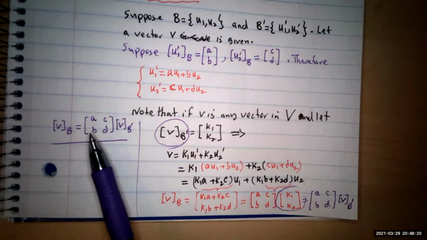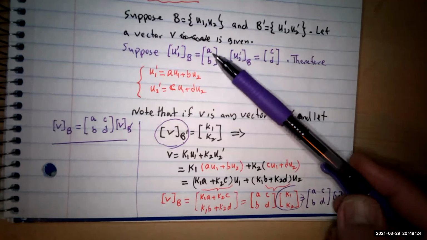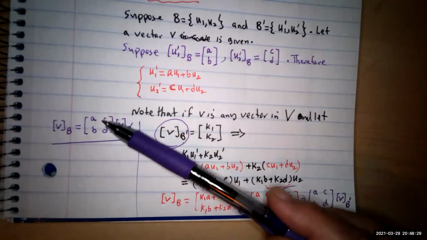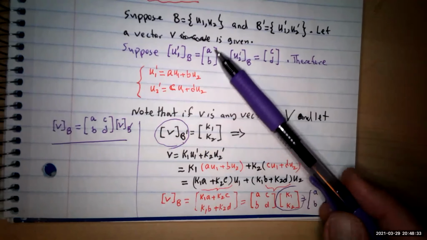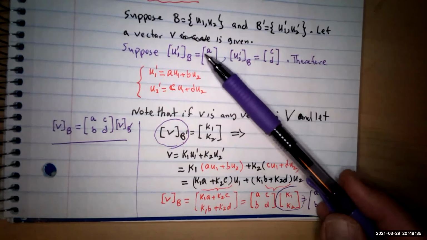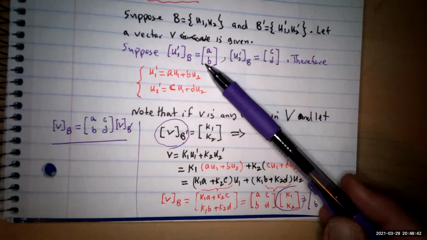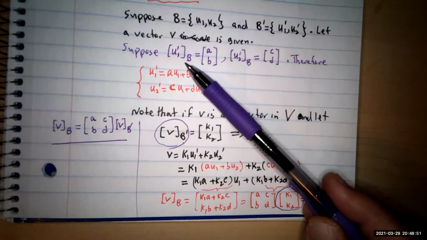So what is this? A, B, C, D. Look at this one. They are just the coordinate vectors of the new basis, the coordinate vectors of the basis vectors in B prime with respect to the old one.